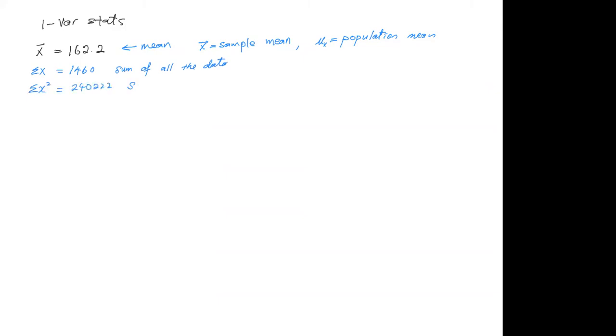This is the sum of the square of each data. That means just now we have 154, you square it, then you plus until all. That's called sum of the square. You square first, then only you sum.